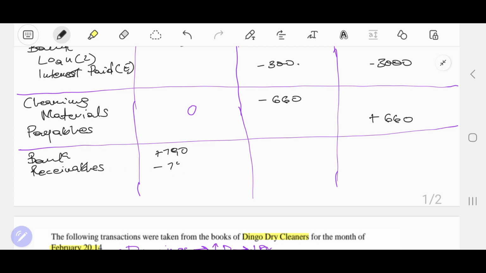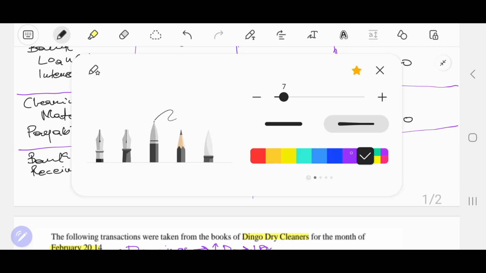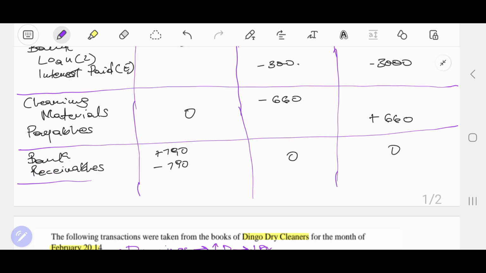They are going to go down by 790 because the person is paying, so you are reducing their receivables. So when the person pays, you are reducing receivables, you are increasing bank because you are receiving money. And then here is 0, and then here is 0. Then the last one now.